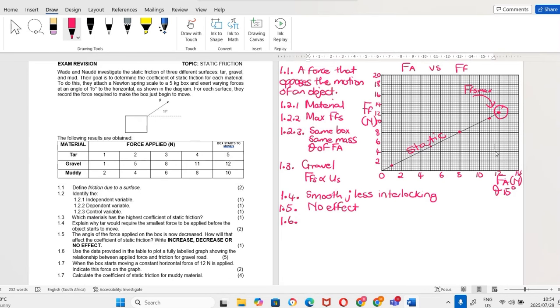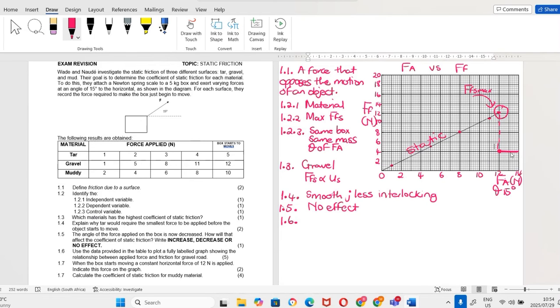And if we knew the value of kinetic friction, let's say we knew the kinetic friction to be 6 newtons or 4 newtons, if the kinetic friction is 4 newtons for this specific material, then we'd have to plot a point there, going down from maximum static friction, and then draw that in a straight line, because they said a constant force is applied.